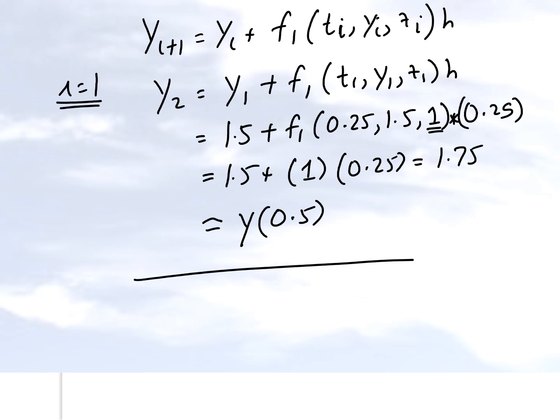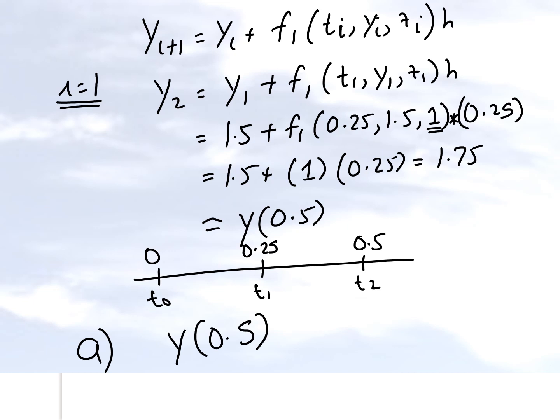So this is t naught, this is t1, and this is t2: 0, 0.25, and 0.5, because we're taking a step size of 0.25. And that takes care of part A. So our part A answer is that y at 0.5 is approximately equal to 1.75.